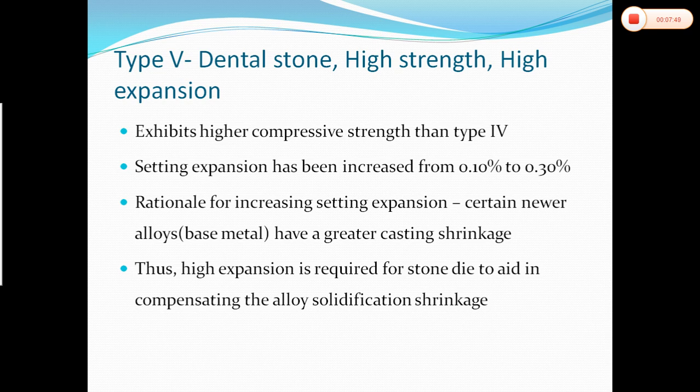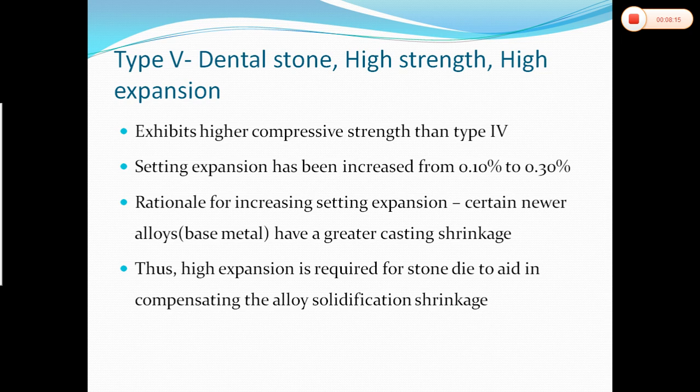Type 5 dental stone has high strength and high expansion. This high expansion is usually required for any dental investments. This topic will be discussed later. The dental investments are used once, after preparing the tooth in the oral cavity to give a metal crown or metal ceramic crown.